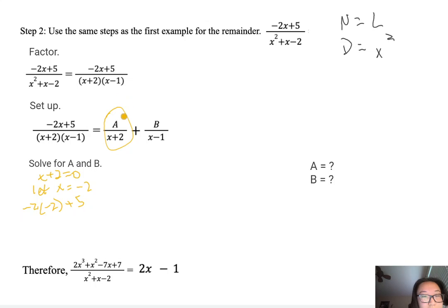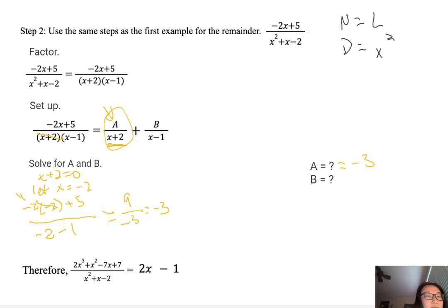Remember, we're using this partial fraction, and x plus 2 is the factor, so we're going to ignore x plus 2 when we're substituting. Over negative 2 minus 1. All right. When we do that, we get 4 plus 5, so 9 over negative 3 equals negative 3. And that is going to be our value for A, equals negative 3.